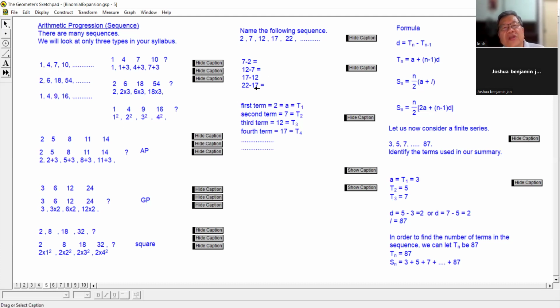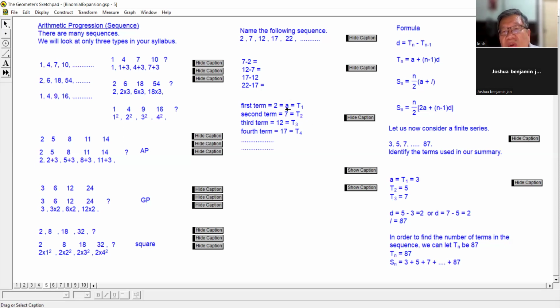Okay. So this number 2 is called the first term. First term. And we give the first term a symbol. The symbol is A. Then this number 7 is called the second term. And the symbol is T2, T with a small 2 at the bottom, subscript 2.